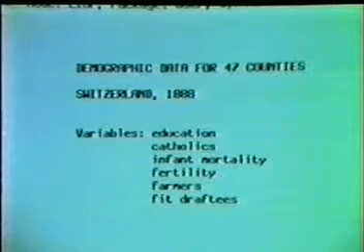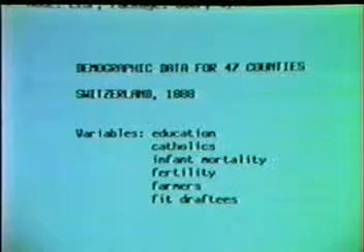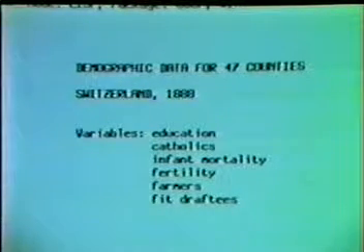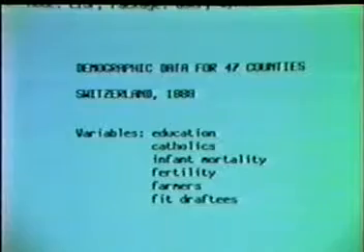It consists of the values of 6 demographic variables for 47 Swiss counties in the year 1888. The variables are proportion of population with education beyond primary school, proportion of Catholics, infant mortality, fertility, proportion of inhabitants engaged in agriculture, and proportion of draftees receiving the highest mark in the army examination.